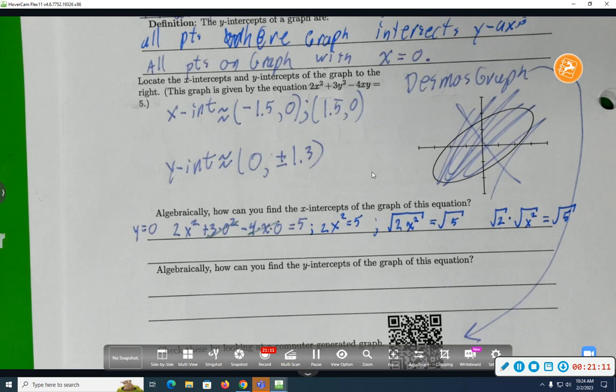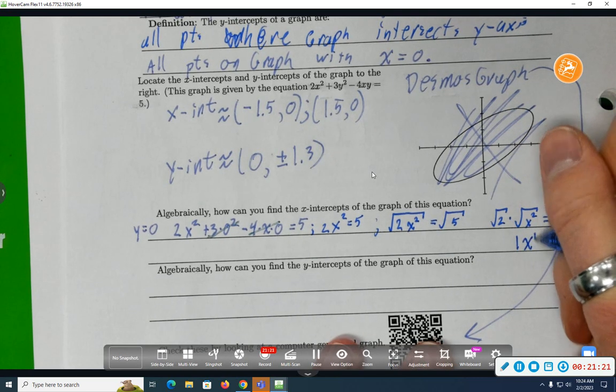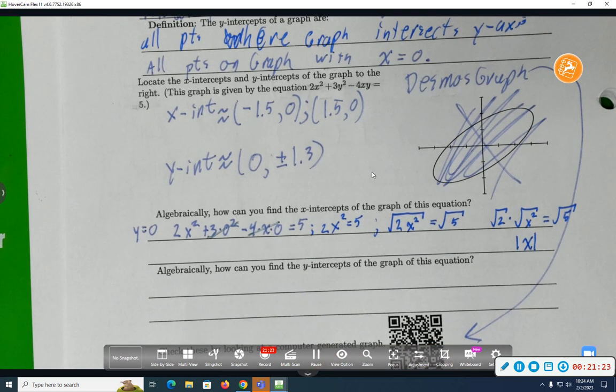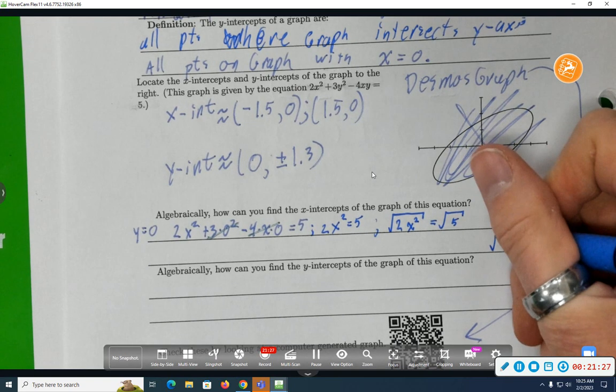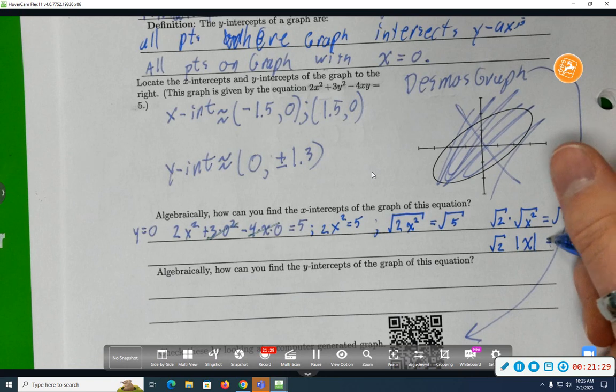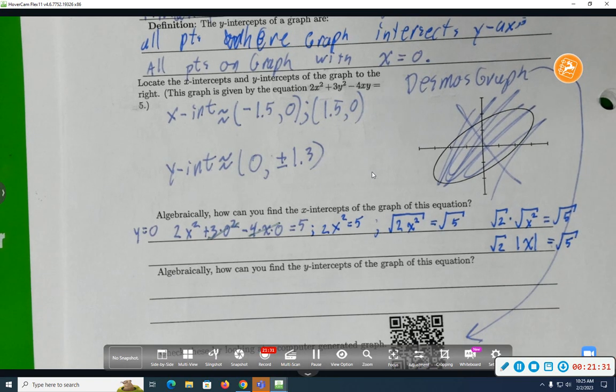And what's special about the square root of x squared? Just x, well, kind of, not quite. It's the absolute value of x. Right, if you take a negative and square it, you forget that it's negative. So we'll see the square root of 2 times absolute value of x equals root 5. Okay, so what next?